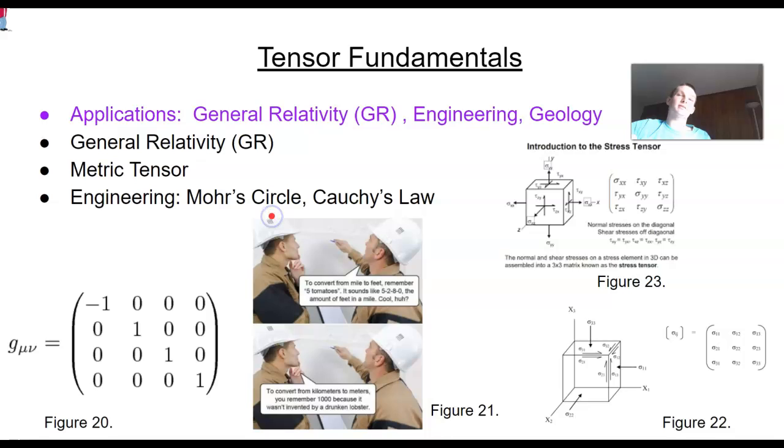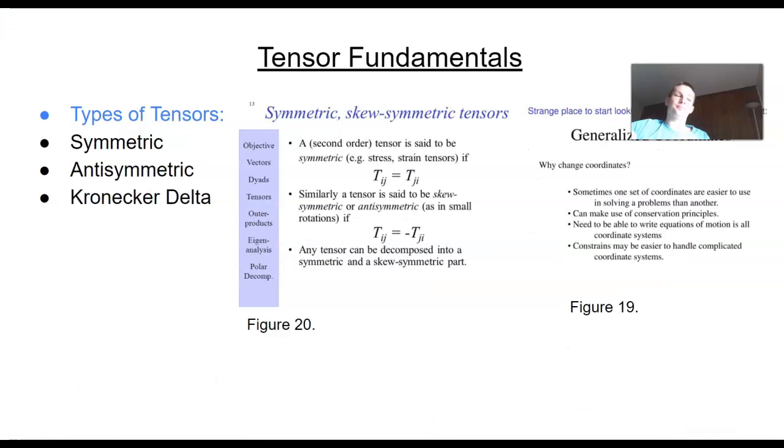A symmetric tensor's indices can change places and equal each other. An antisymmetric tensor's lower indices are equal to it if the lower indices order is switched, and it is negative on the other side. The Kronecker delta is symmetric while the Levi-Civita is antisymmetric.